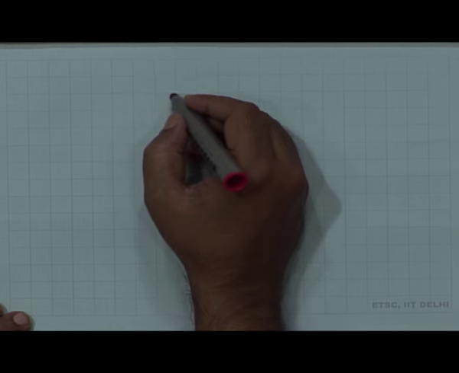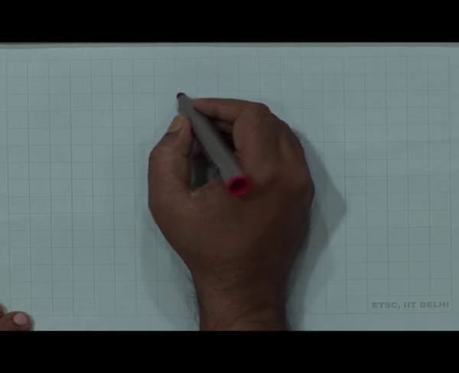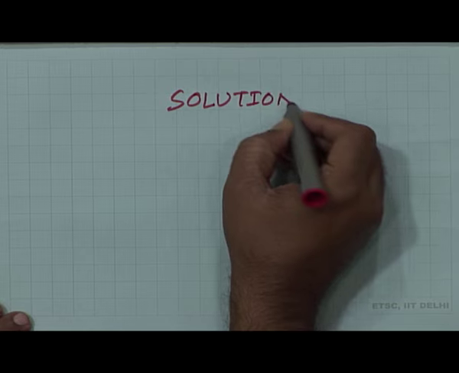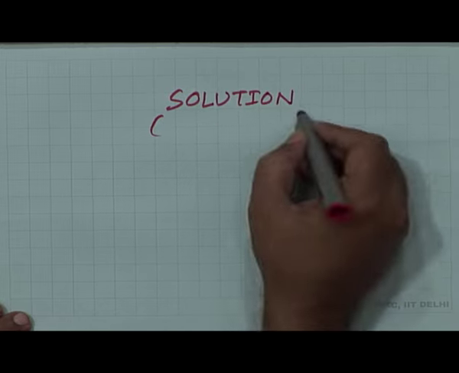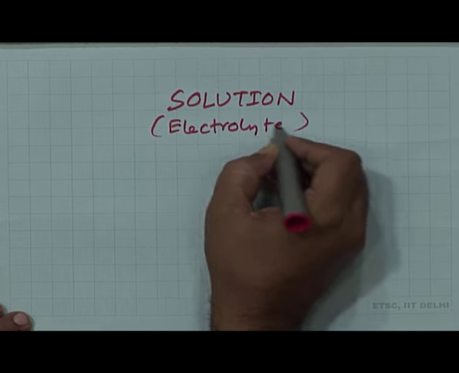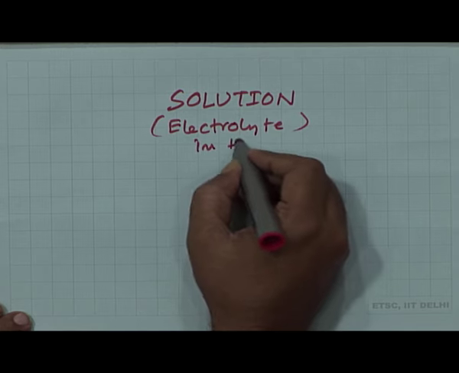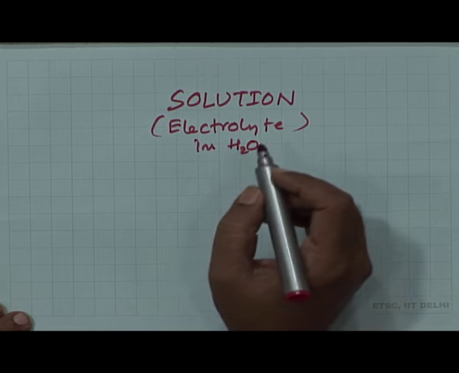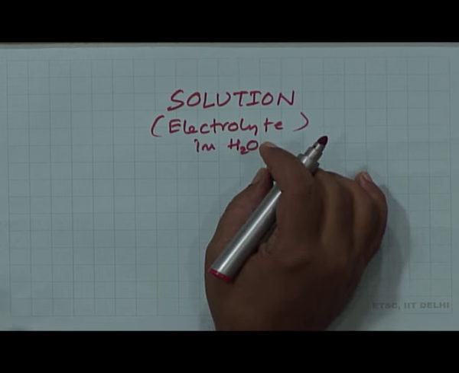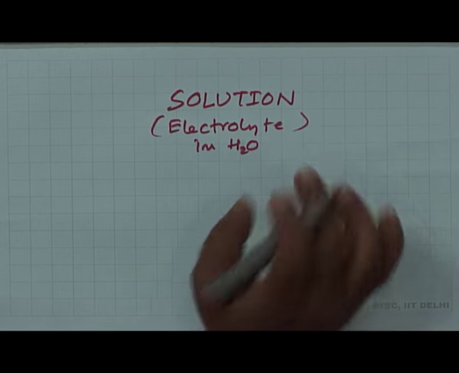So, first, how do we know whether a particular solution is acid or base? If I take a solution which is basically a salt or any electrolyte in water, when will it be an acidic solution, and when will it be a basic solution?